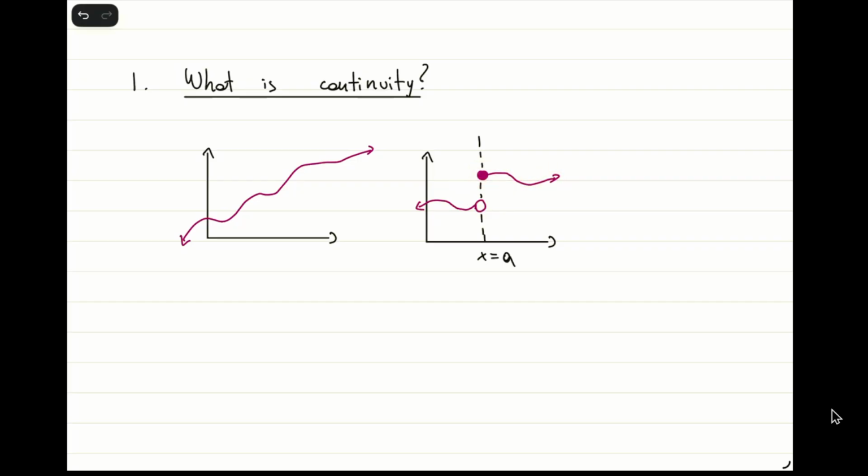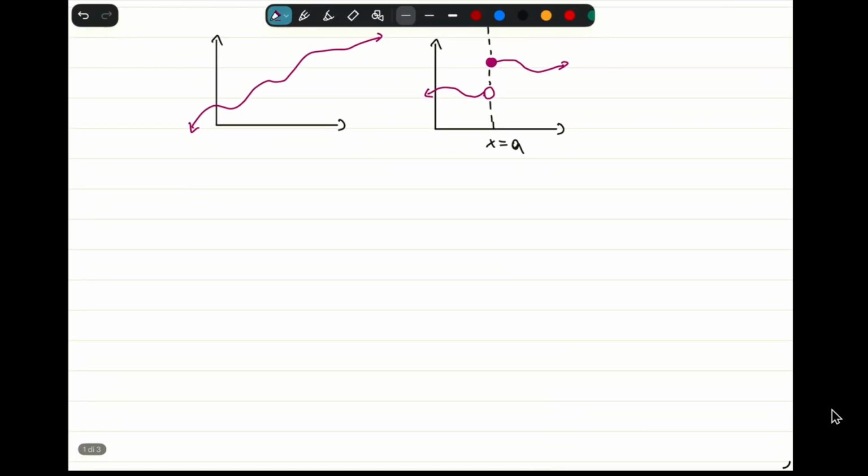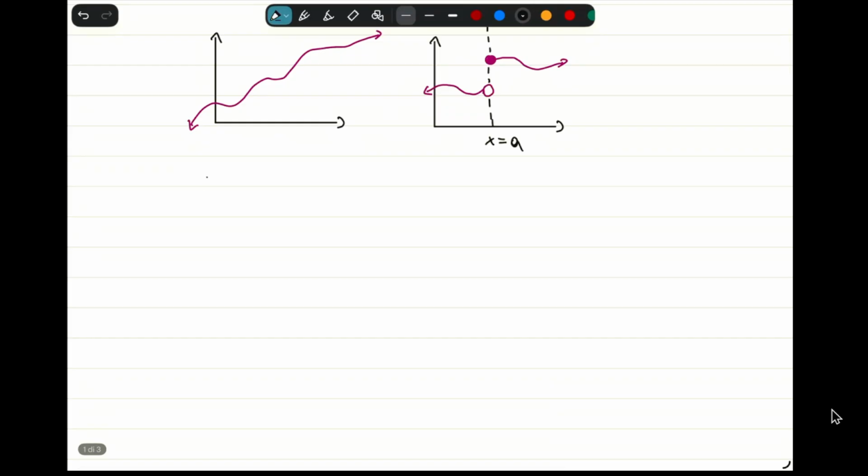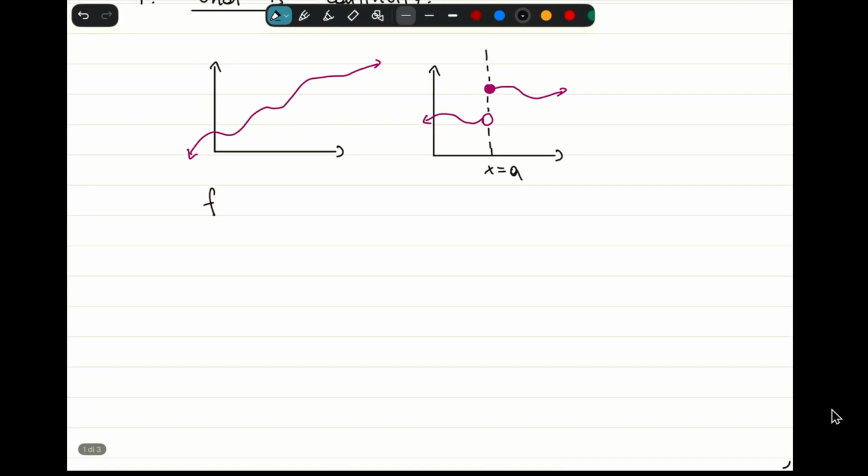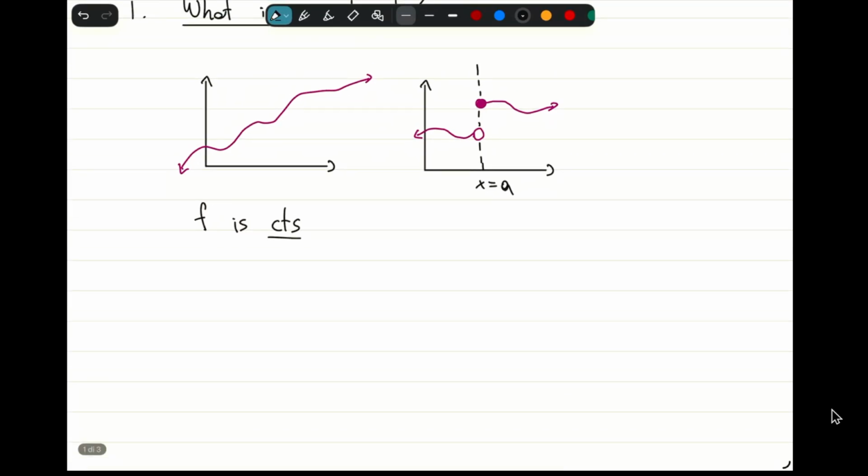So intuitively, we can say that F, these two, we'll call them both F, it doesn't matter, F is continuous. This symbol right here, cts, just means continuous, it's just an abbreviation.